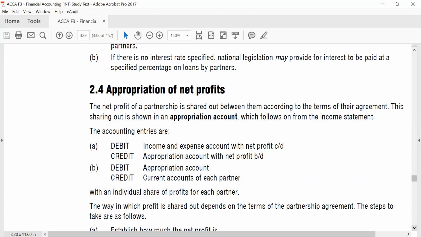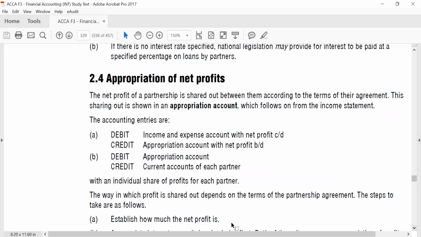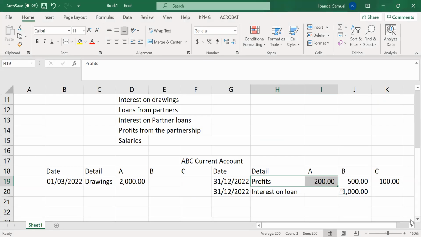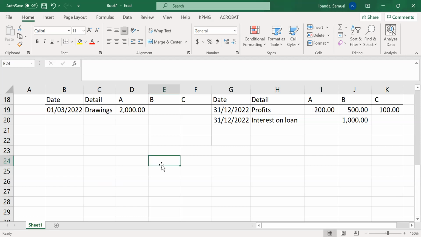And what I mean by that is, like I indicated, partnerships are not in any way different from the normal financial statements that we've been drawing. The only difference comes when we are doing the appropriation. Now, this is what we are saying. If, for example, these guys are ABC partnership, and this is, let's say, their statement of profit and loss.